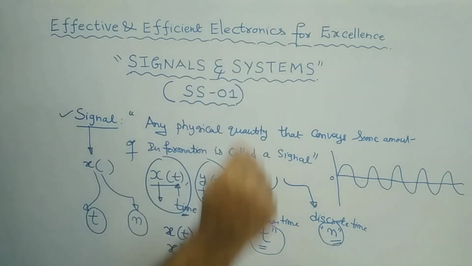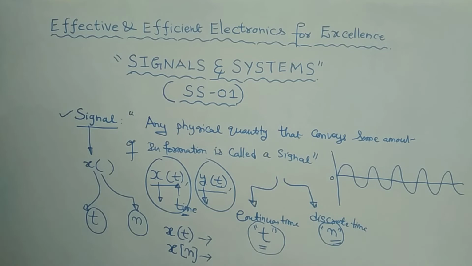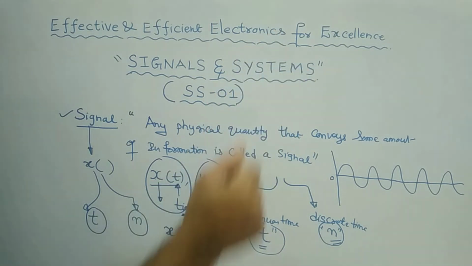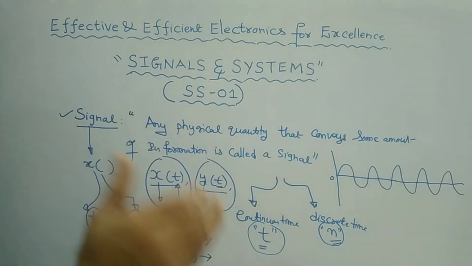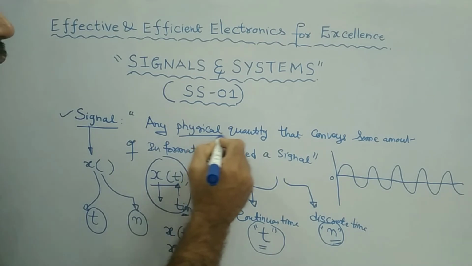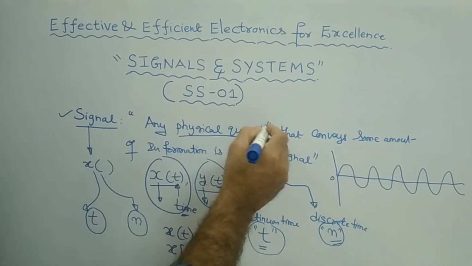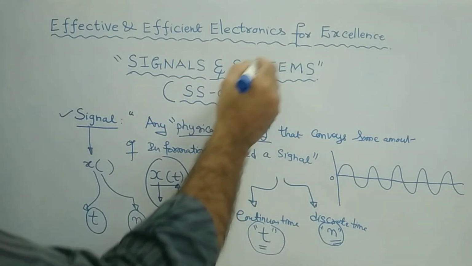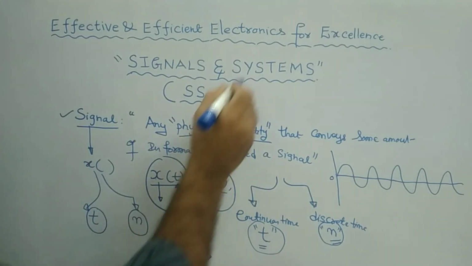And what is a system then? How can a system be defined? A signal is a physical quantity, whereas a system is a physical device.